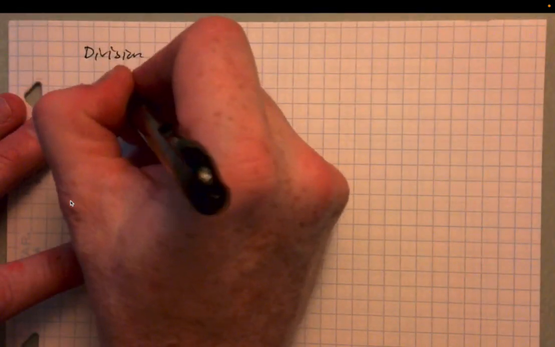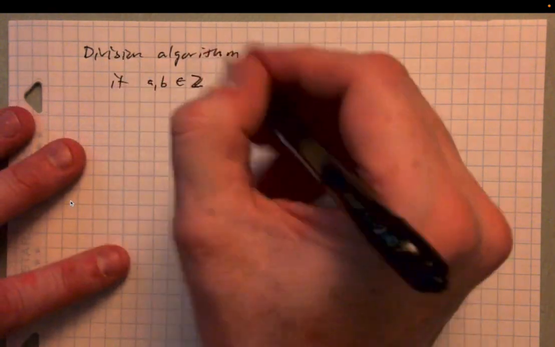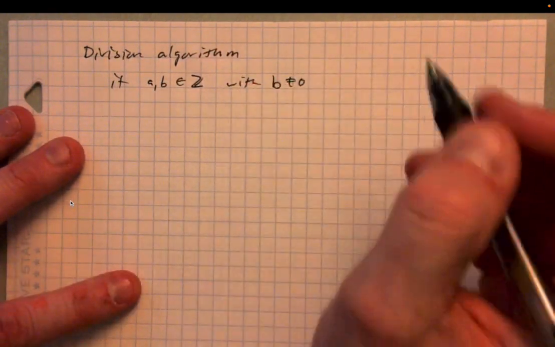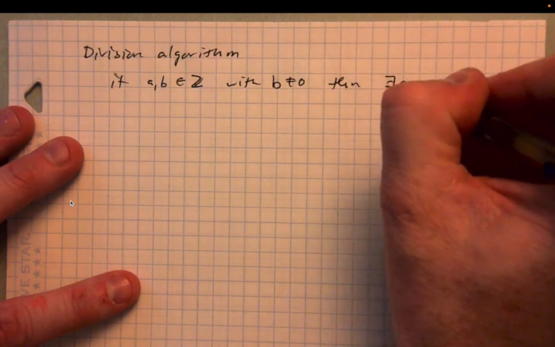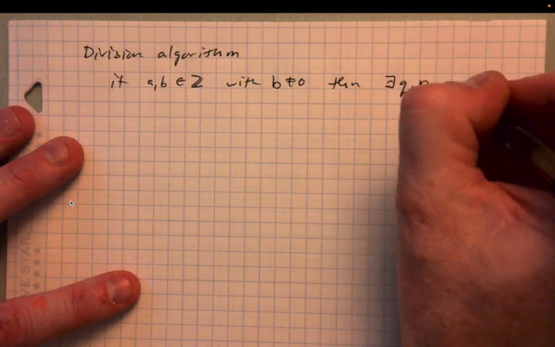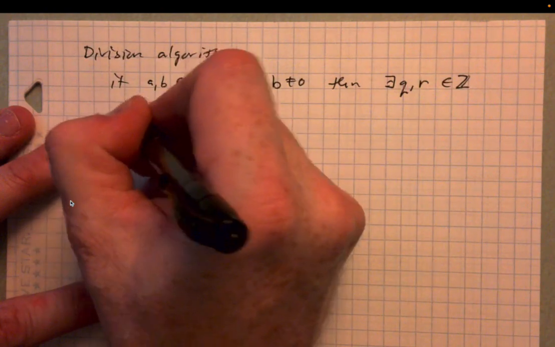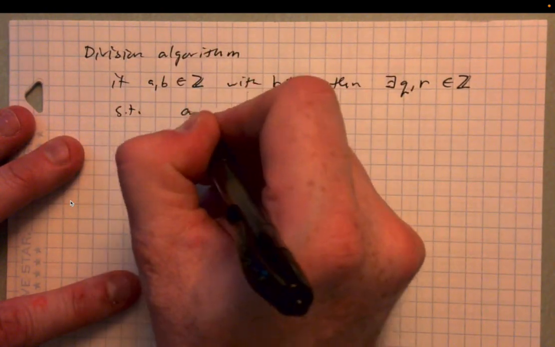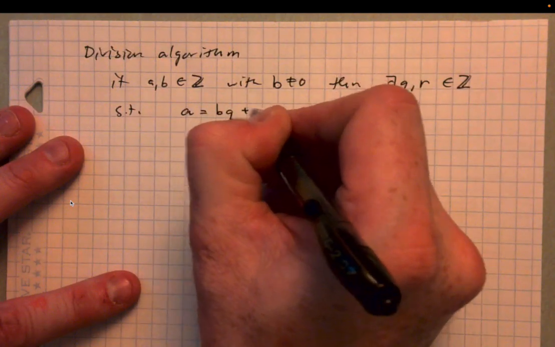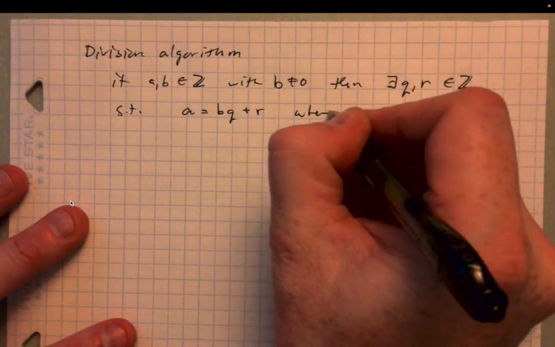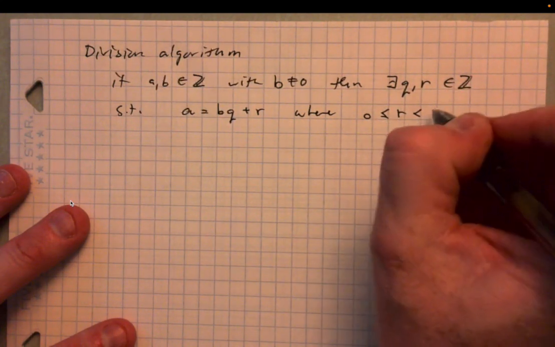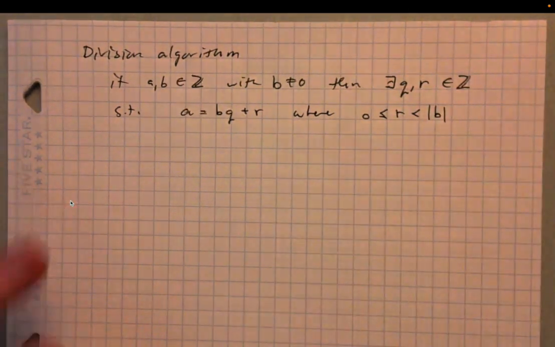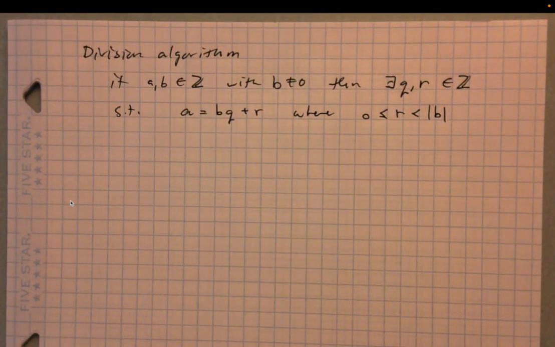If a and b are integers with b not equal to 0, then there exist q and r integers such that we can write a equals b times q plus r, right? Where 0 is less than or equal to r, which is less than the absolute value of b, just to be careful there. This is something we're very familiar with. We've used this a lot. This is the division algorithm.